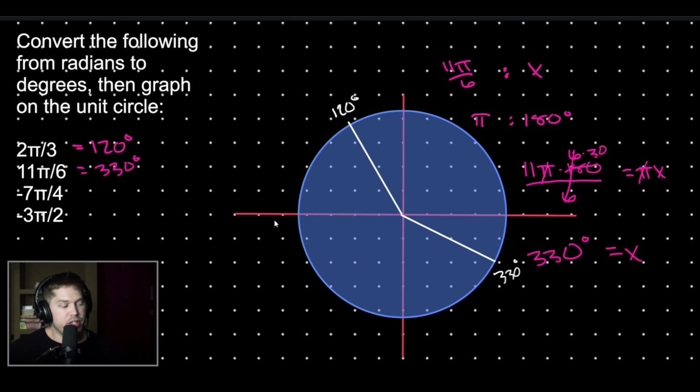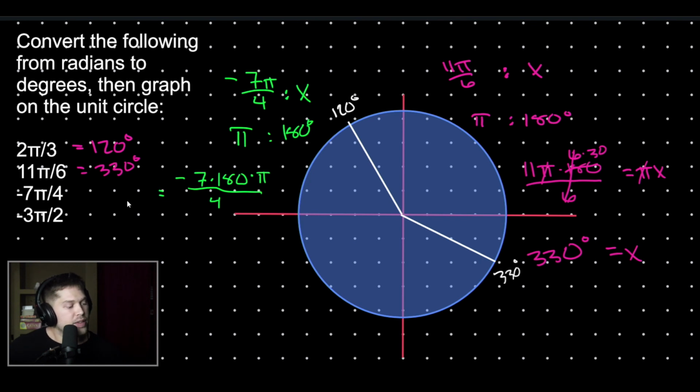Let's solve this next one. Here's another negative problem. We have negative 7 pi over 4, and we want to convert it to some degree measure. And let's use what we know. We know that pi radians is equivalent to 180 degrees. We can cross multiply to get negative 7 times 180 times pi all over 4 is going to be equal to pi times x.